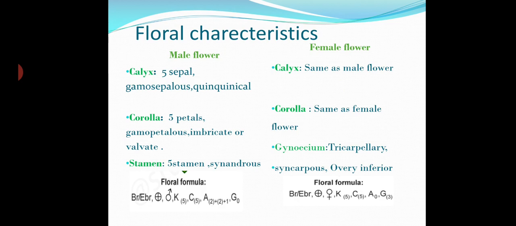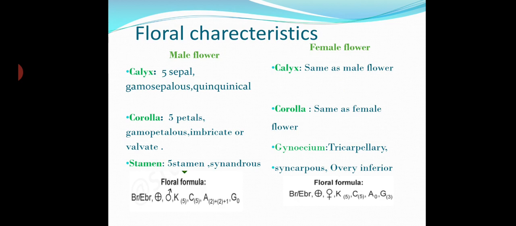Gamopetalous means again fused, and estivation is imbricate. In imbricate estivation, 1 petal is completely in and 1 is completely out, and the other 3 petals are in and out. The corolla also similar in both cases.